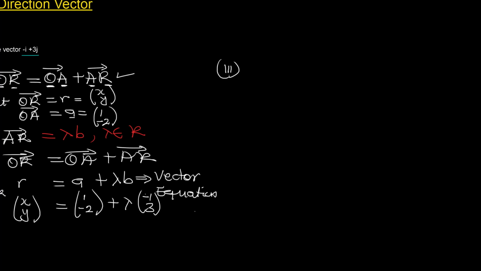The parametric equation is obtained from the vector equation. x is equal to 1 minus lambda, taking the first component, the x components, and y is equal to minus 2 plus 3 lambda.